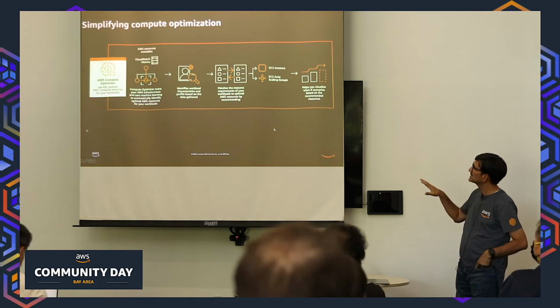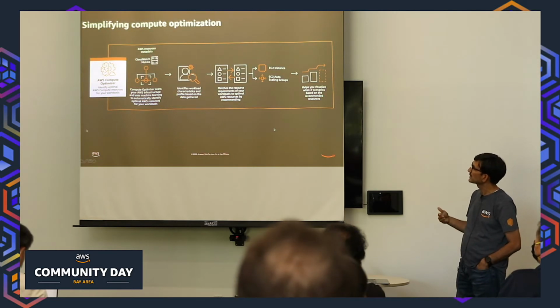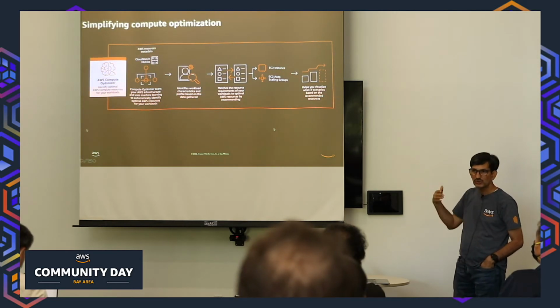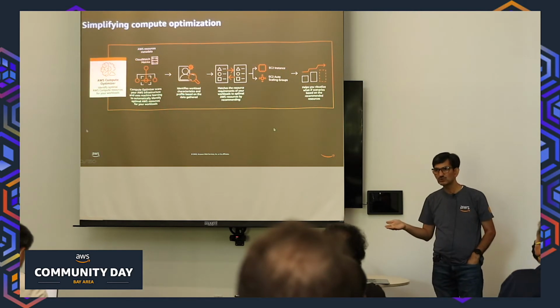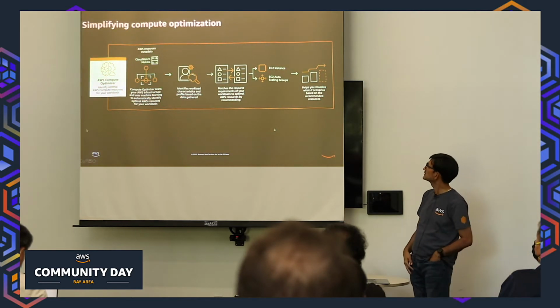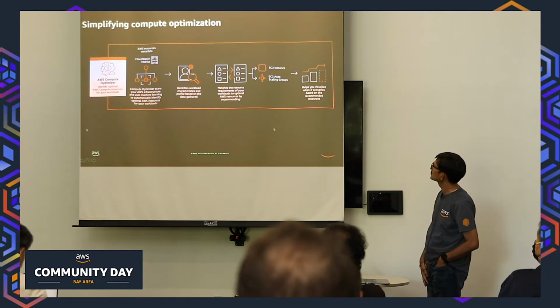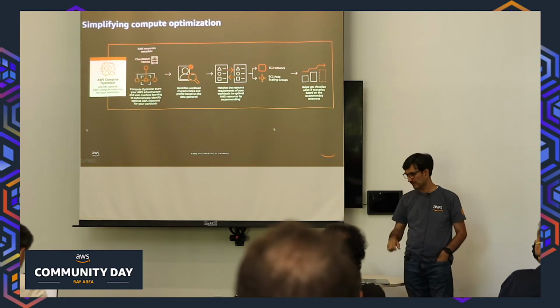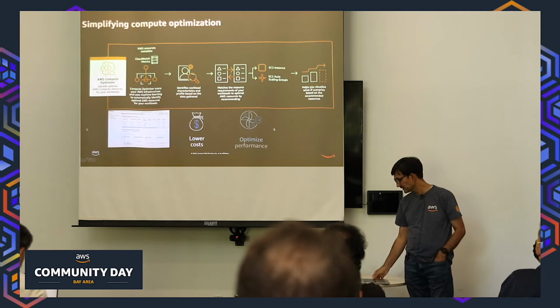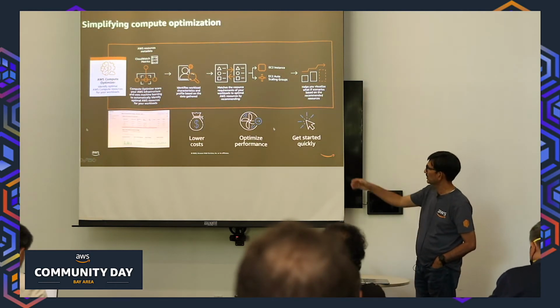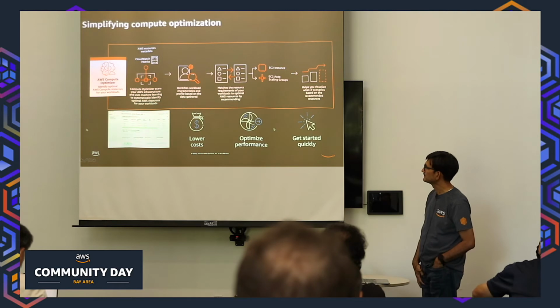So this is the best way Compute Optimizer can look at both the auto scaling group and the EC2 instances and give you recommendations. You can visualize different scenarios, and there is a sample picture in the slide.